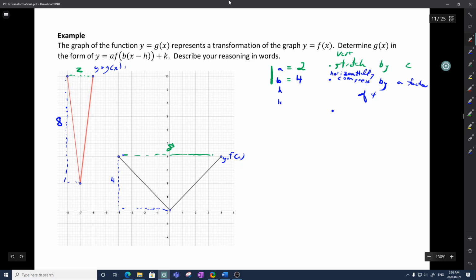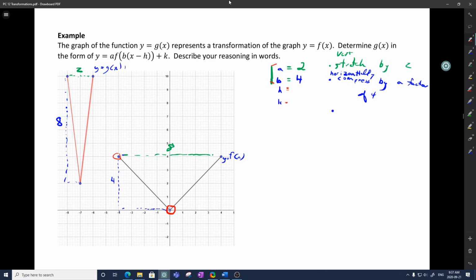Now H and K, now I take a point. Now this point is really important, right? You might come to a wrong conclusion if you said, I'm going to move this point all the way over here. To get the proper H and K, and it is quite difficult, by the way, you may want to make a quick sketch of the transformed graph. Now I'm going to talk about that highlighted point later.